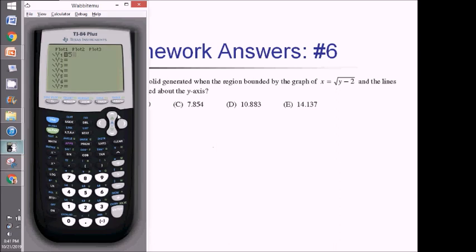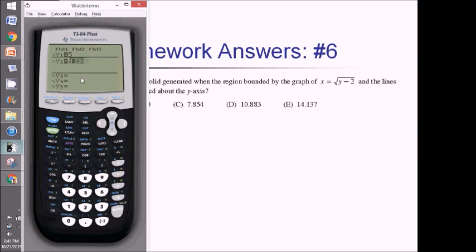So I'm going to start by entering y equals 5 in my y equals, and let me ZoomStandard, ZoomDecimal that one. There we go. And now I'll graph this other piece by going back to y equals, putting this in there in terms of x, and then using my draw function. So I'm going to y equals again. I'm going to write in here now the square root of x minus 2.